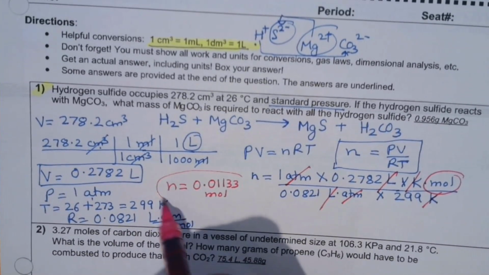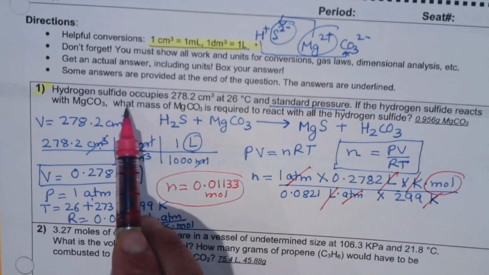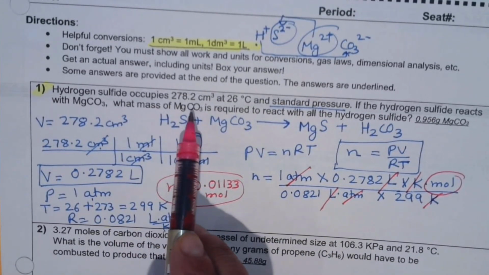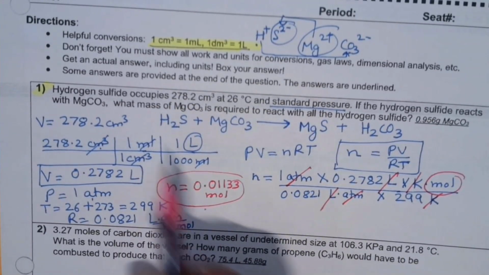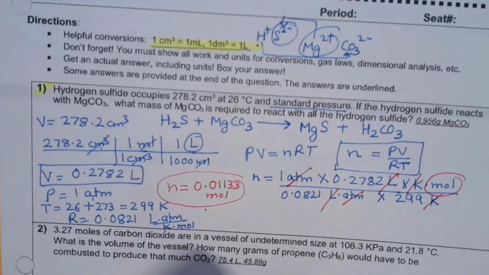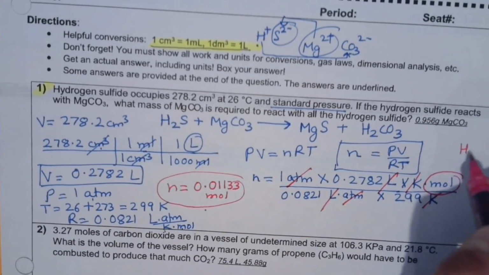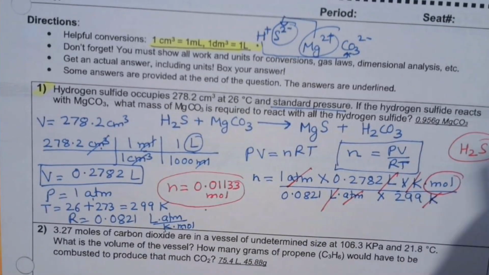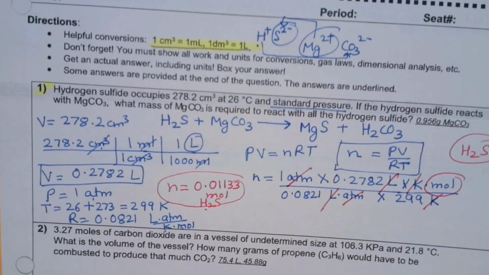Now since we already got the moles, we can convert that to mass of MgCO3, right? So these are the moles of hydrogen sulfide. So all this calculation was for H2S, right? So we have the moles of H2S, right?